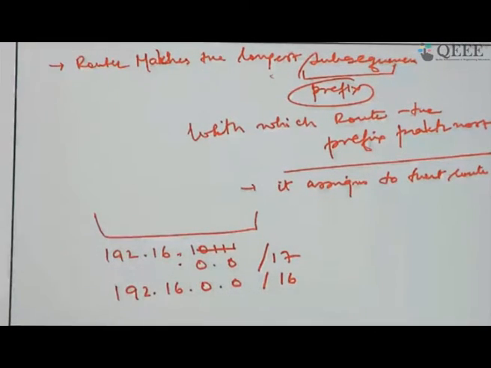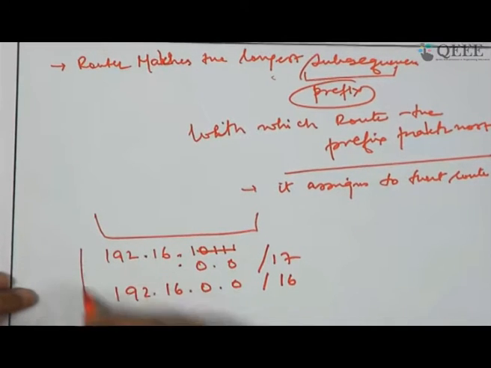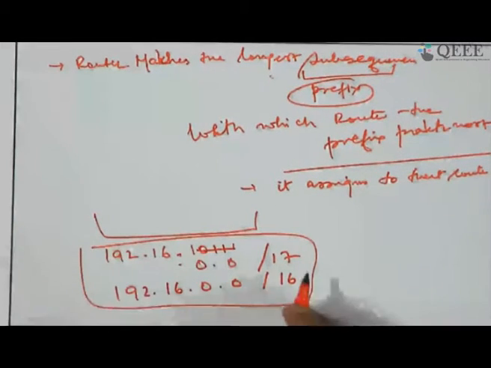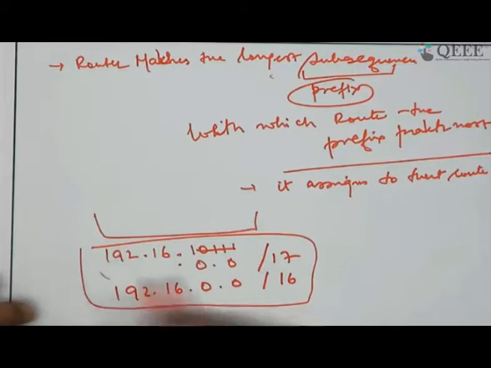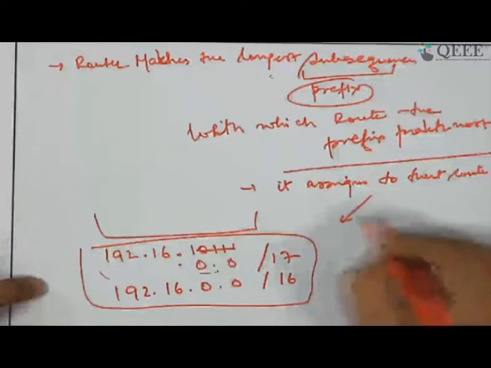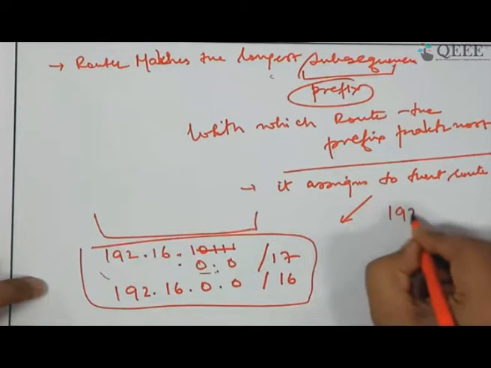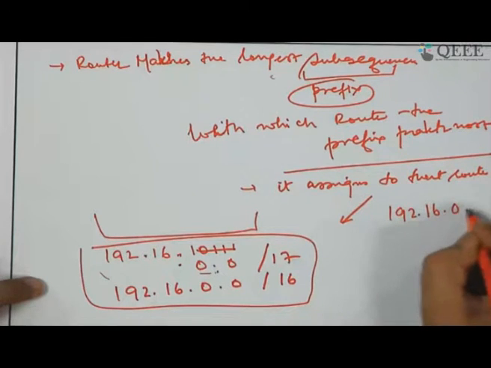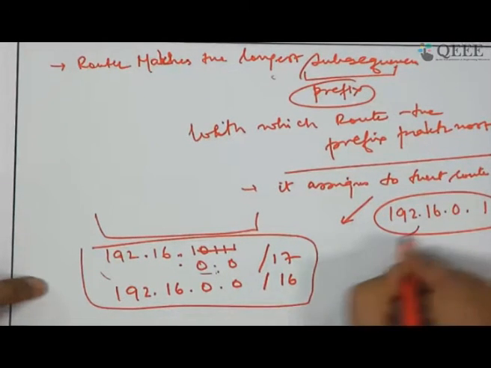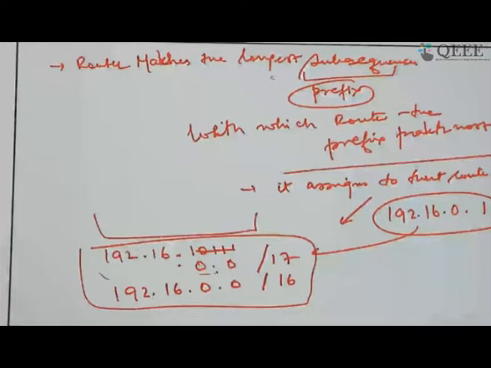Okay, this is a bit contrived, but I am just saying that you can have one which has 17 bits and one which has 16 bits. So if a packet comes with 192.16.0.1, say something like this, it will match to the longest prefix. Fine. So this is about IP addressing.